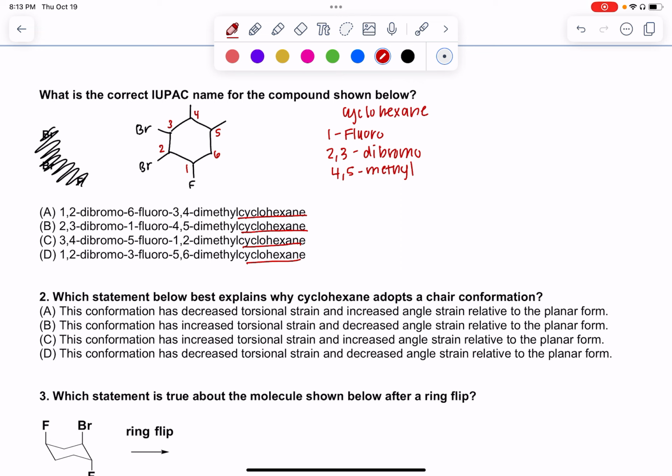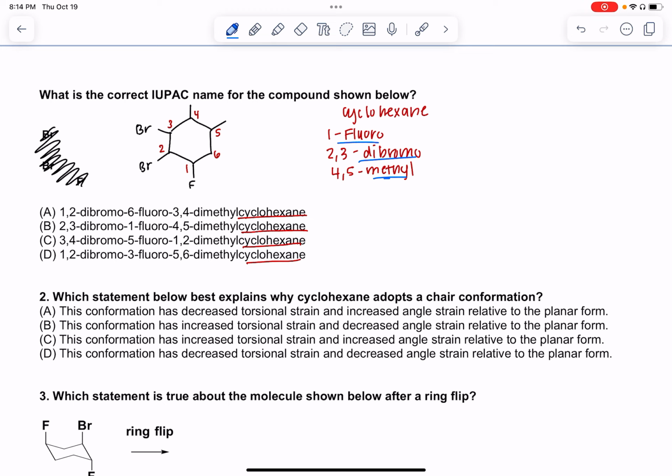But now, remember, we're going to label these in alphabetical order. So fluoro's first, just kidding. Bromo's first, fluoro is second, and then methyl.